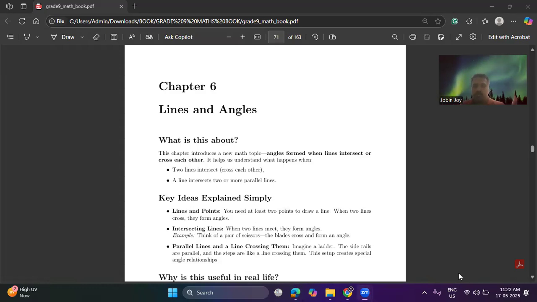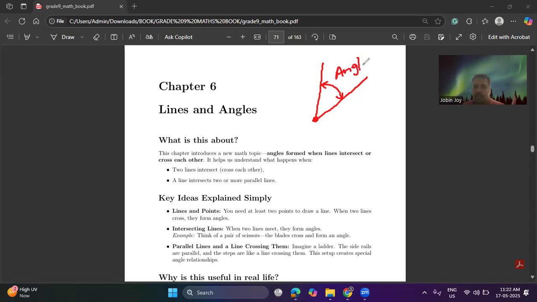Okay, so let's start the next chapter, lines and angles. So this chapter is basically dealing with, first of all, we already know that, for example, if we have two lines like this, these two lines intersect at this point, angles formed, right?